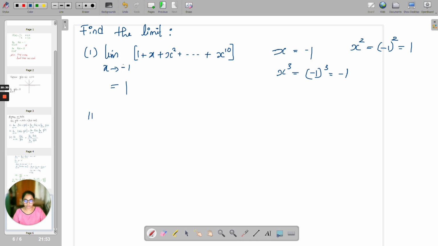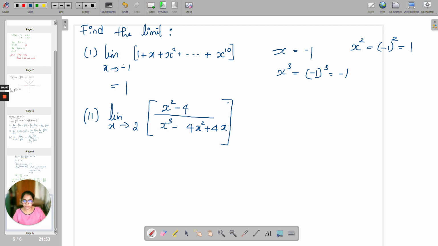Now the second question is the limit as x tends to 2 of x square minus 4 divided by x cube minus 4x square plus 4x. So now what do I do? Let me replace x with 2.